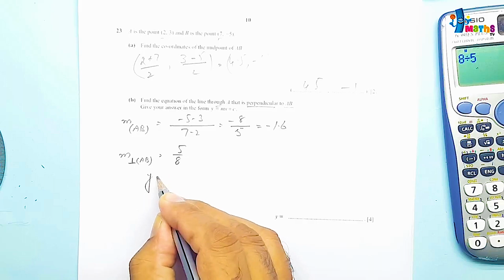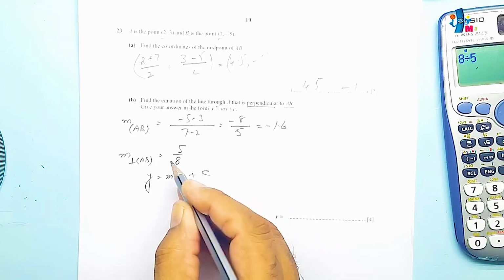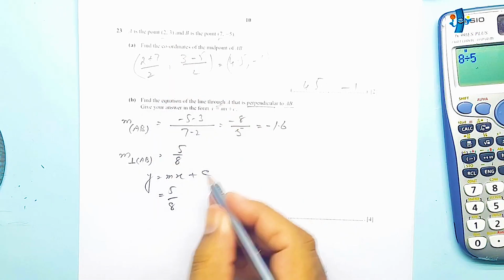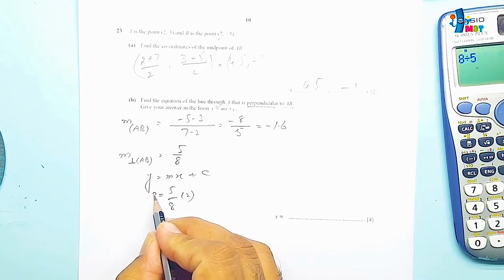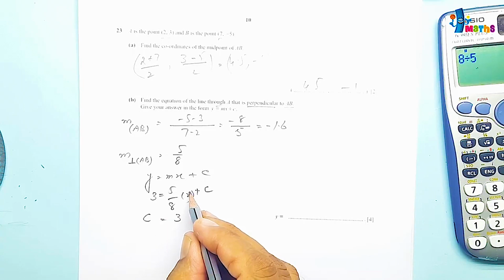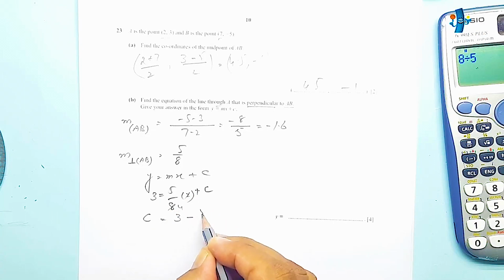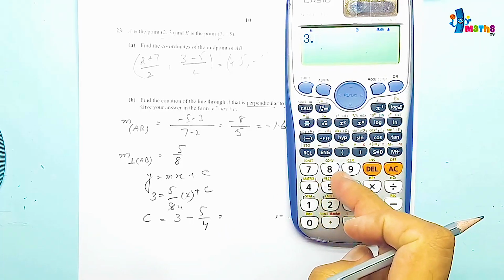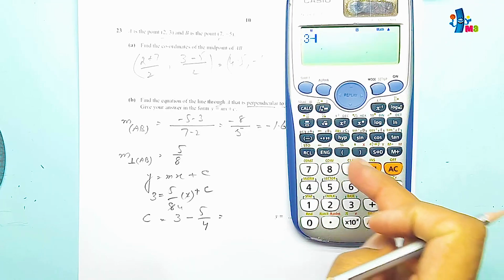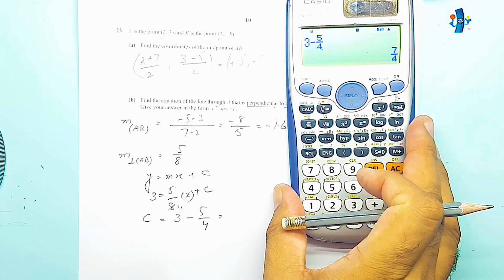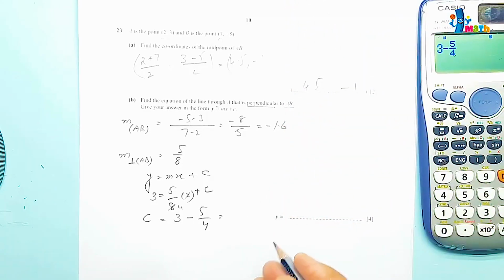So for the c value, y is equal to mx plus c. We'll be substituting 5 by 8, and the x value will be 2 and the y value will be 3 plus c. We can write the c value is equal to 3 minus 5 by 4, which is equal to 7 by 4, or we can take it as 1.75.